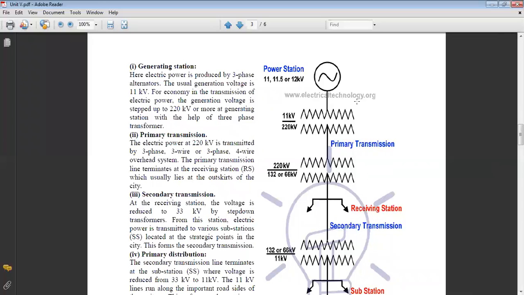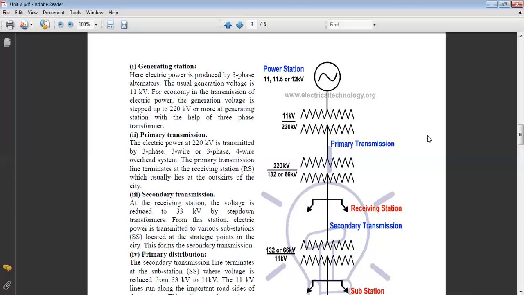Now the next part is primary transmission. From the generating station, the power is transmitted to another substation. The electric power at 220 kV is transmitted by a three-phase 3-wire or three-phase 4-wire overhead system. Mostly for this purpose we use the three-phase 4-wire overhead system.